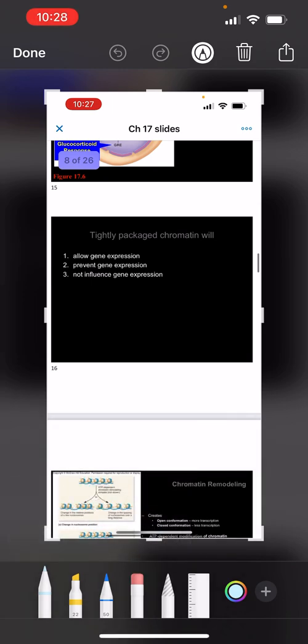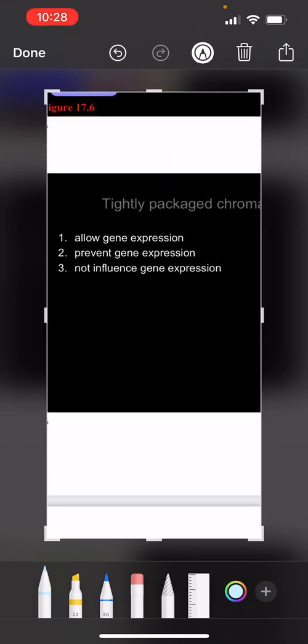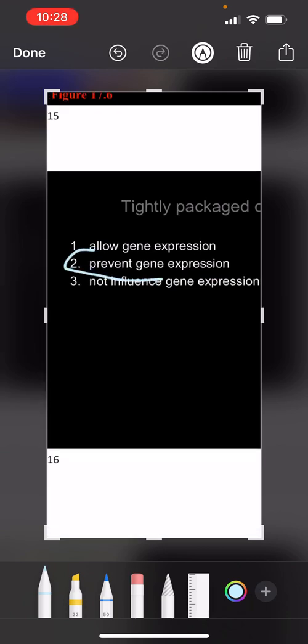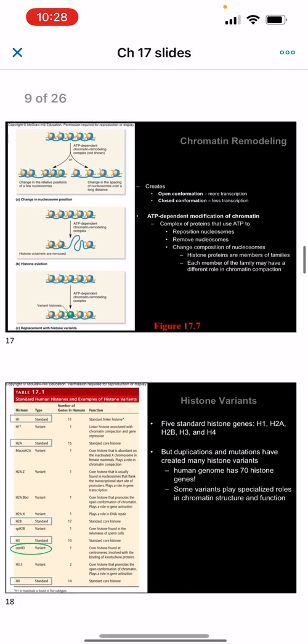What do you think? Really tightly packaged chromatin, isn't that going to prevent RNA polymerase from getting in there and transcribing? So we need to think about what's going to happen if the gene needs to be transcribed, but it's in some tightly packaged chromatin.